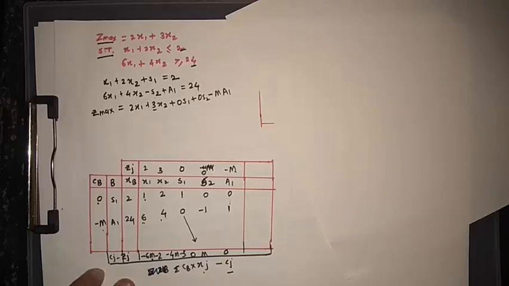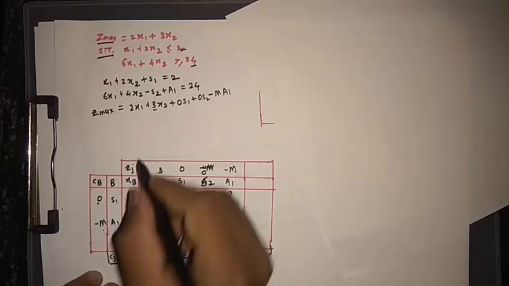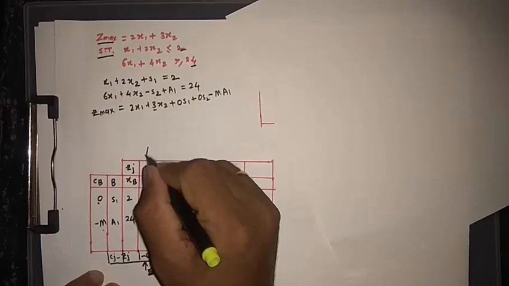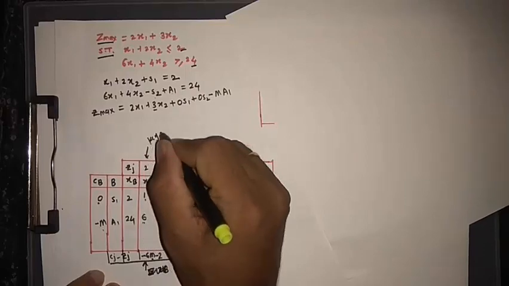Then I get the value as minus 6 minus 2, which is minus 8, and after that for the second column, putting 1, minus 4 minus 3, I get minus 7. So the most negative value is in the first column, the x1 column. So this is our key column.